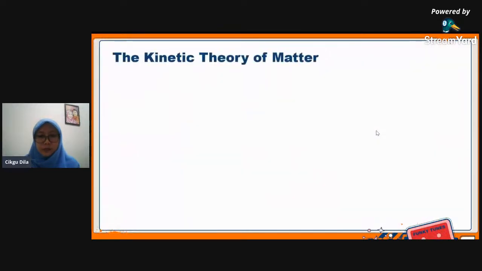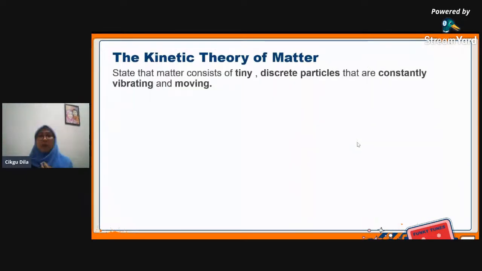Next, we move to the kinetic theory of matter. So what does the kinetic theory of matter tell us? The kinetic theory of matter states that matter consists of tiny discrete particles that are constantly vibrating and moving. That means these tiny discrete particles are constantly vibrating and moving.